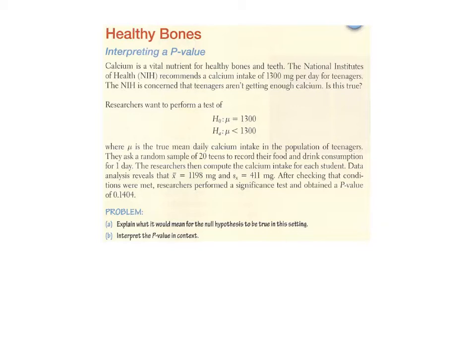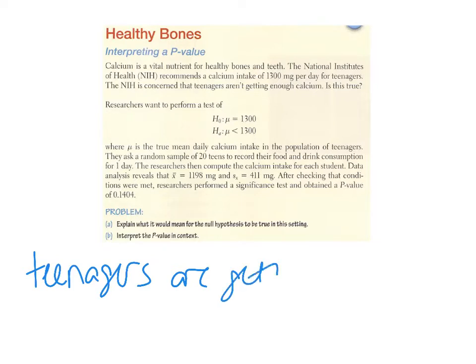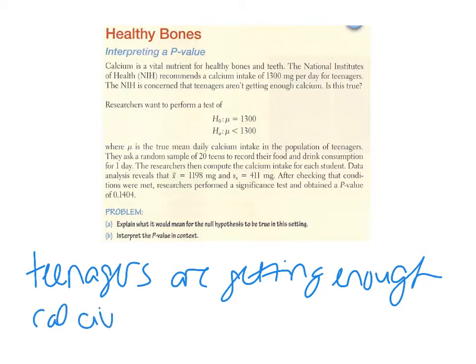So the first part is asking us to explain what it would mean for the null hypothesis to be true in this setting. If the null hypothesis were true, then it would mean that teenagers are getting enough calcium, that the teenagers are fine, because our mean is 1,300 milligrams per day.